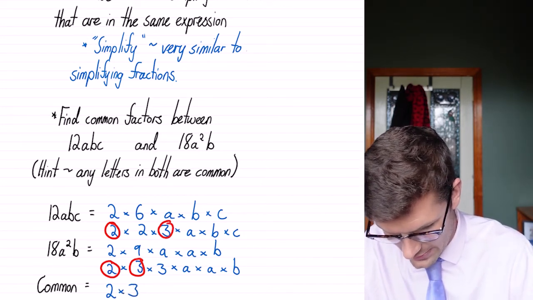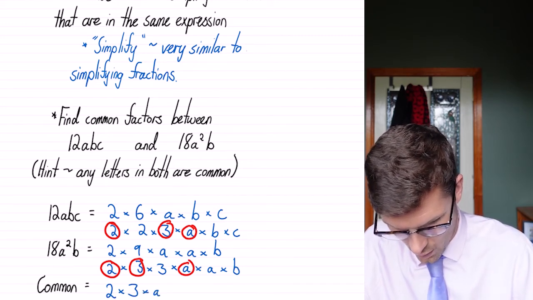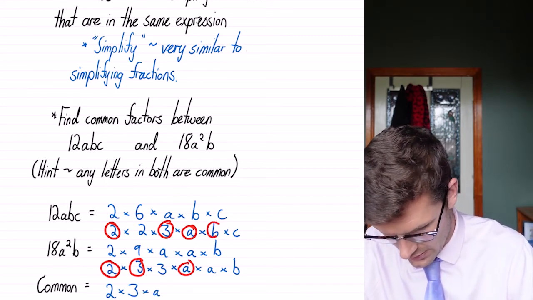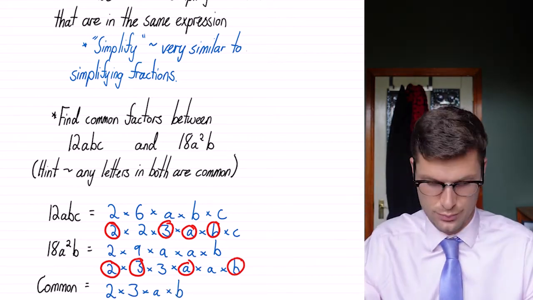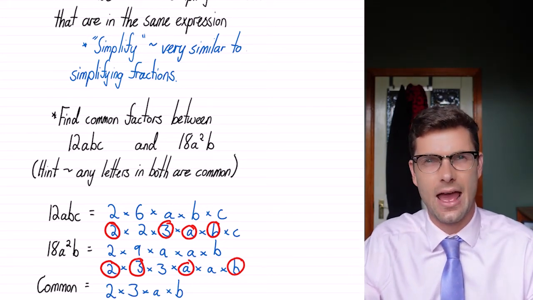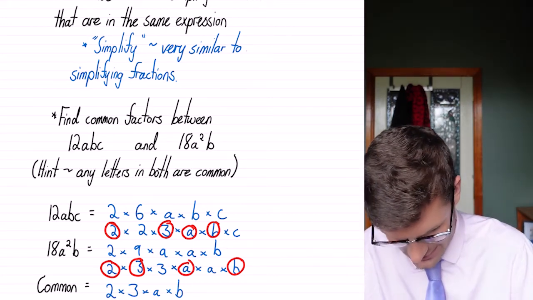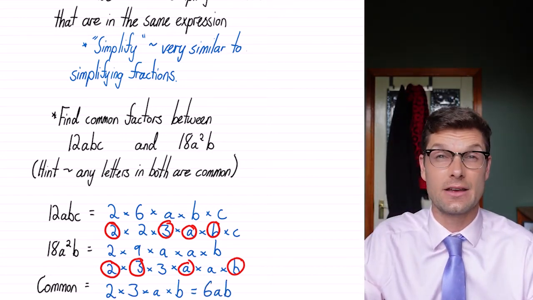There's 1a that's common in both, and there's 1b that is common in both as well. So the common factor between 12abc and 18a squared b is 6ab, and that's our final answer.